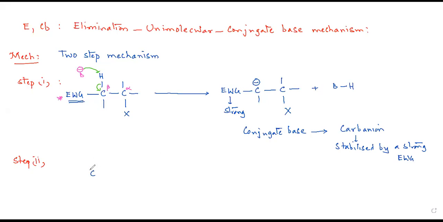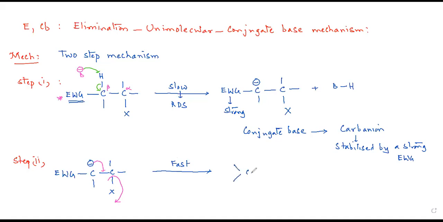Then, now the conjugate base or the carbanion supported by the electron withdrawing group comes here. As and when it comes here, halogen is lost in the form of halide ion. Of course, the first step is slow or rate determining step, whereas the second step is fast.